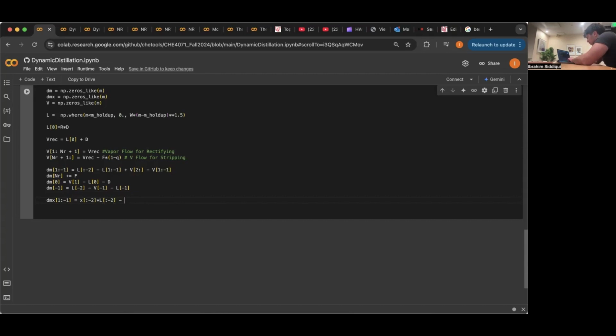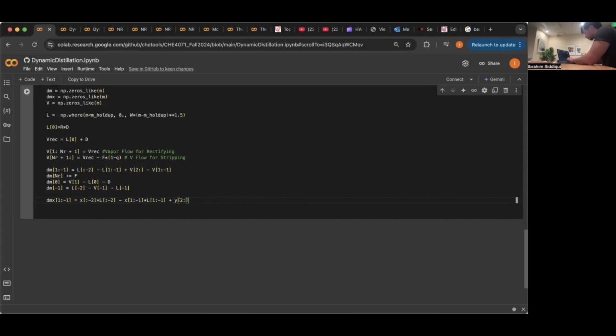And then we're going to subtract this by X, from 1 to -1. And then again, this is going to be multiplied by our liquid from 1 to -1. I'm going to go ahead and close that. And then this is going to be added by our vapor in this case again, from 2 to 2 and then semicolon to the end of our array.